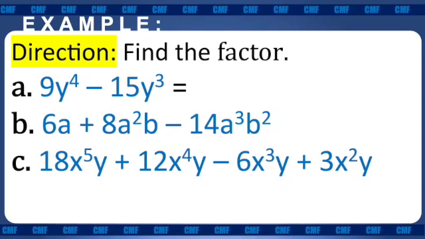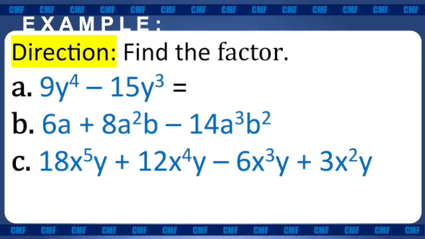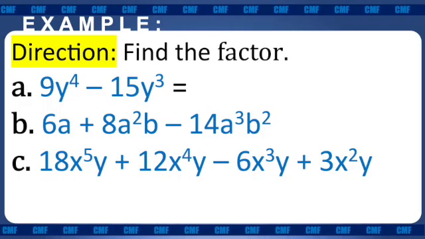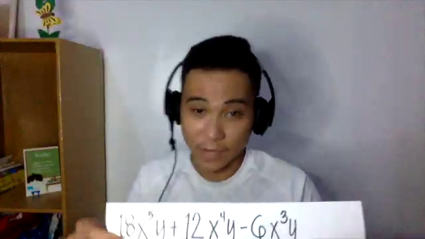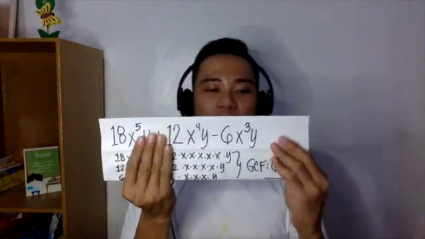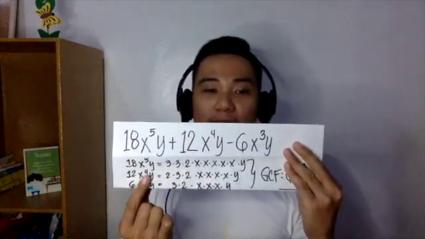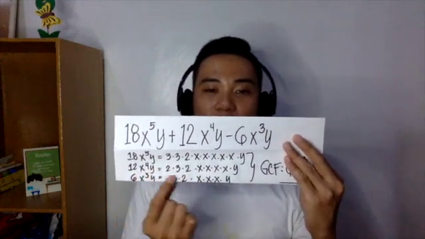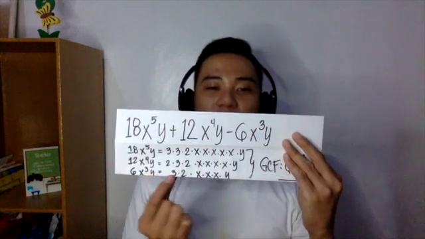Alright, next one, the last one, the letter C. We have 18x to the fifth y plus 12x to the fourth y minus 6x cubed y. Same process. I write down the prime factorization of each term. For 18x to the fifth y, these are the factors. For 12x to the fourth y, these are the factors. For 6x cubed y, these are the factors.